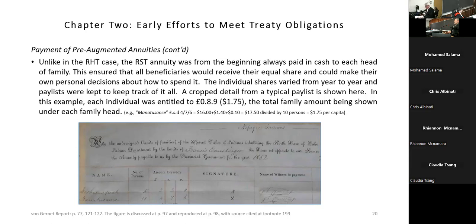The original instructions were to get the local missionary as a witness, because back in those days, not so much today, they were considered to be sort of an authority that cannot be questioned. But that wasn't always practical. So at Michipicoten, for example, they had to replace that provision with one that allowed a Hudson's Bay Company official to be the witness.